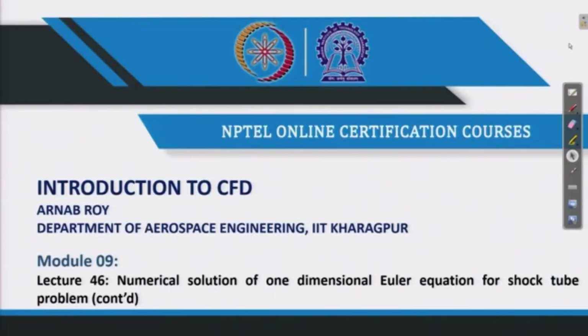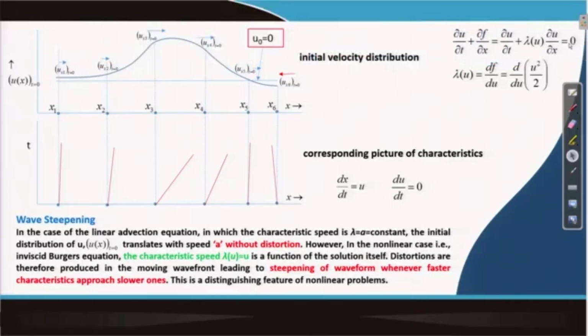We continue our discussion on one-dimensional Euler equations in this lecture. Last time we had started discussing this initial velocity distribution, and we had discussed how the initial characteristics would look.